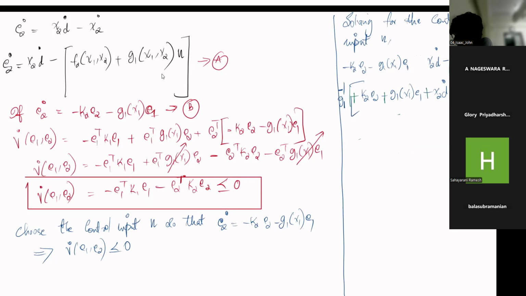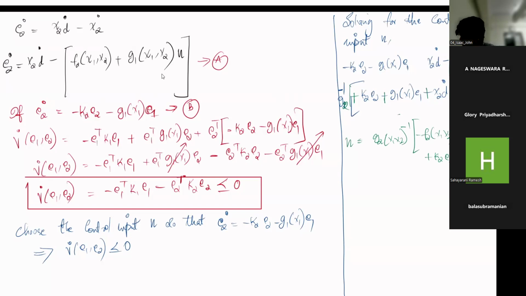This would be positive, but this F2 would be negative. Right. So your control input U is nothing but, this is G2 actually, G2 of X1 comma X2 inverse multiplied by minus F2 of X1 comma X2 plus X2 desired dot plus K2 E2 plus G1 of X1 multiplied by E1. This is how your control input should look like, for the system to be asymptotically stable.